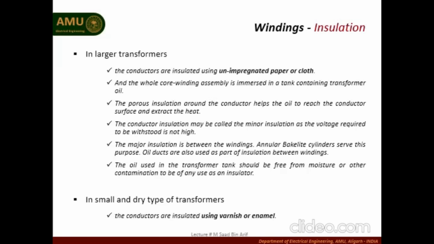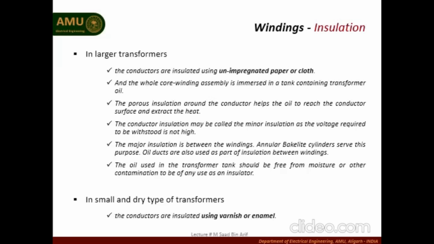This is because if there is moisture in the oil, then what will happen? The probability of breakdown due to the presence of moisture increases, and this will result in the breakdown of the insulation. So you can see that the insulation is a very important part of a transformer. Better the insulation, higher will be the reliability of the transformer.